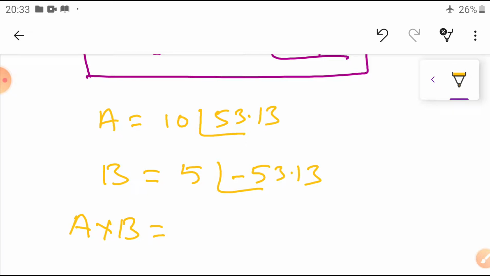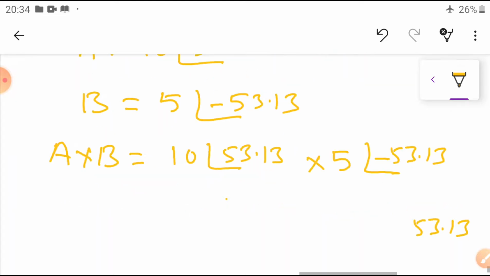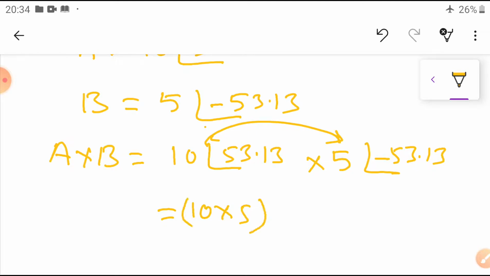Then simply I can write 10 at an angle of 53.13 into 5 at an angle of minus 53.13. Then I can multiply these two values, 10 into 5, so I am going to get some magnitude and angle.